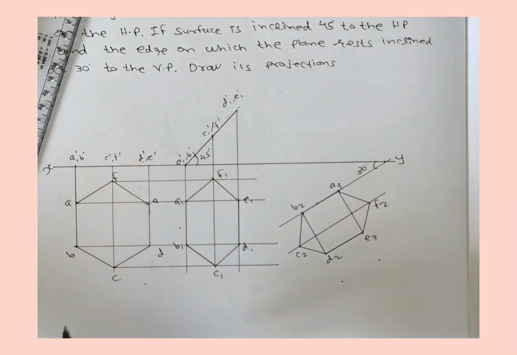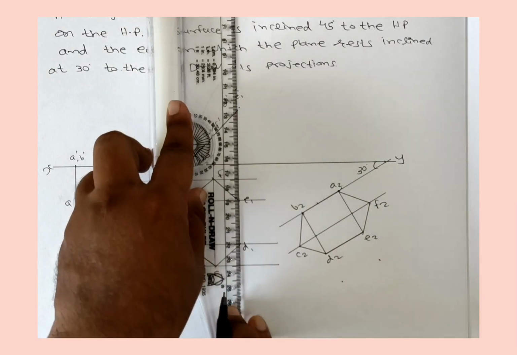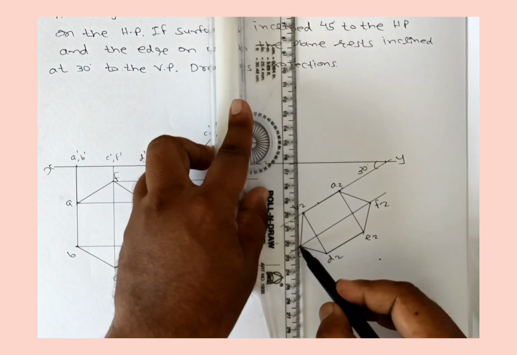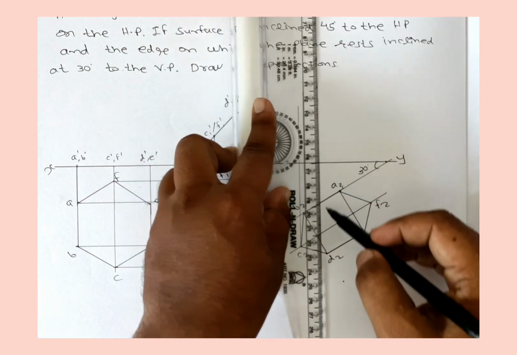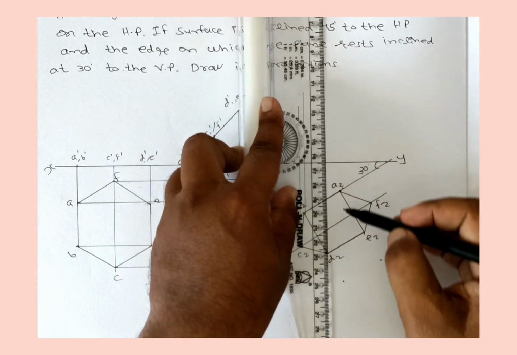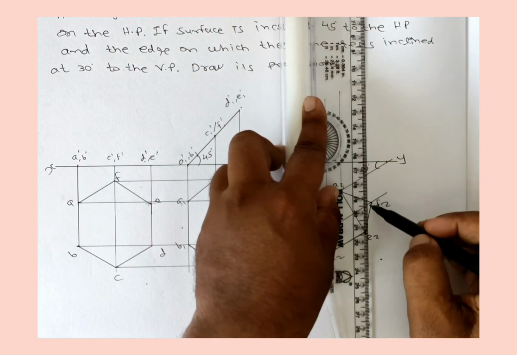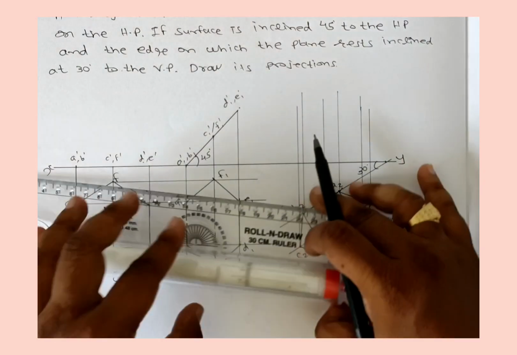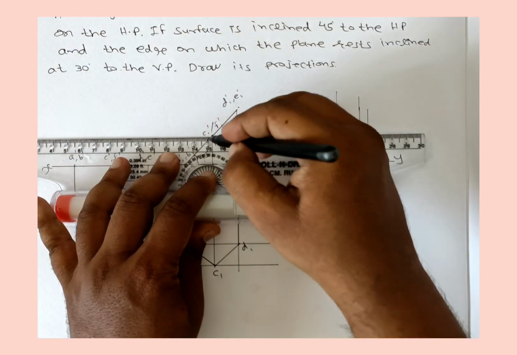Now you have to draw the vertical and horizontal projection. So student, from each and every point you have to draw the vertical projection. Now from here you have to draw the horizontal projection.